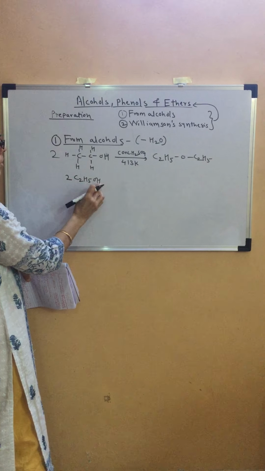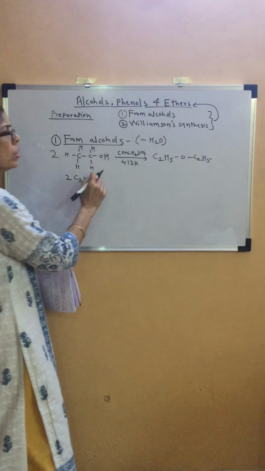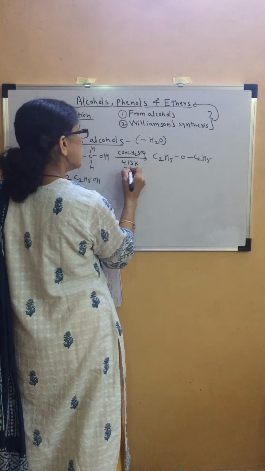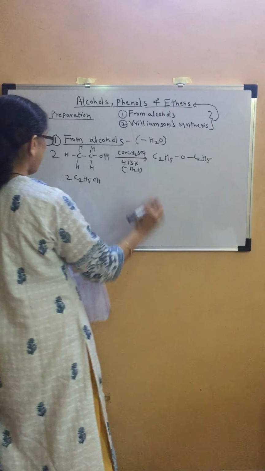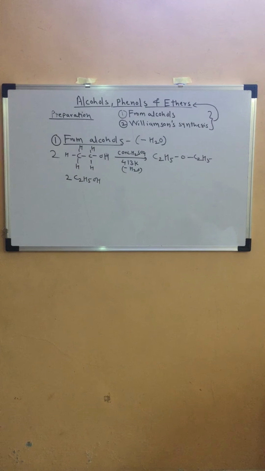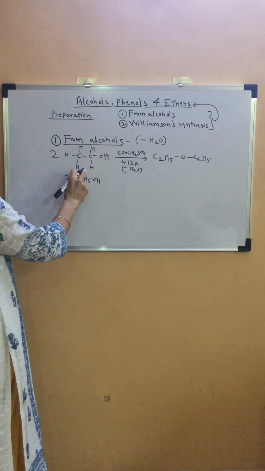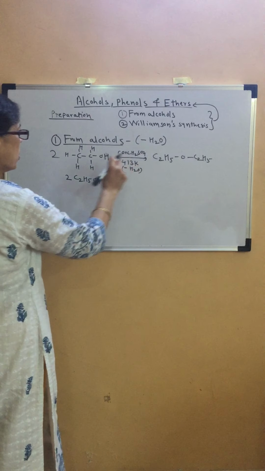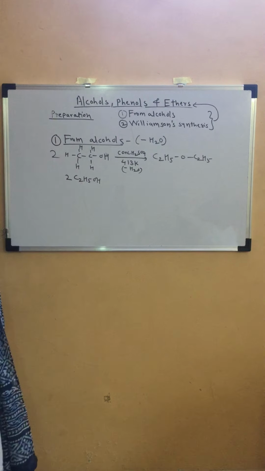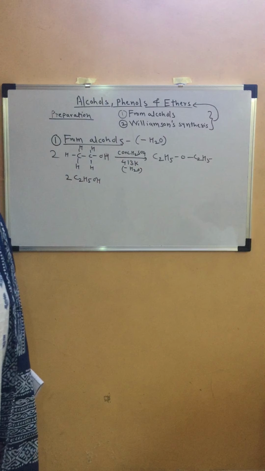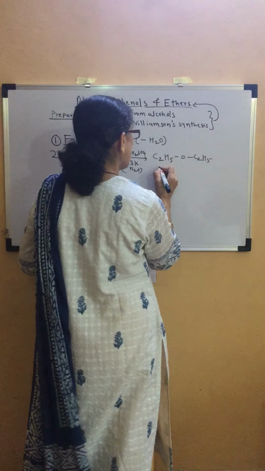These two hydrogen atoms and one more oxygen, that is dehydration, minus water. So starting from primary alcohol we are able to get ether. Starting from ethyl alcohol we are able to get a symmetrical ether, that is diethyl ether or ethoxyethane, isn't it? This is ethoxyethane.